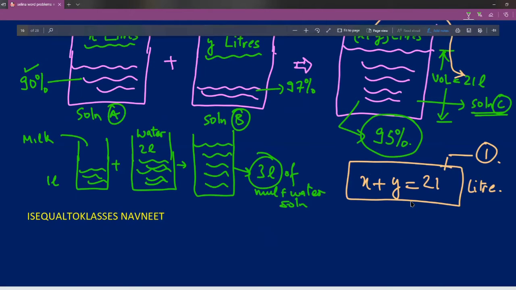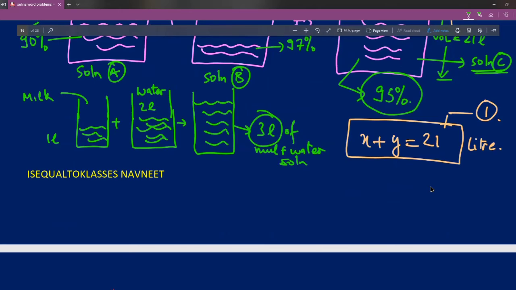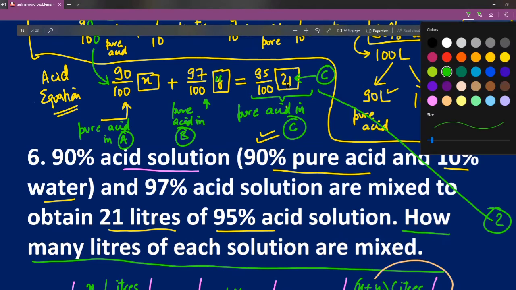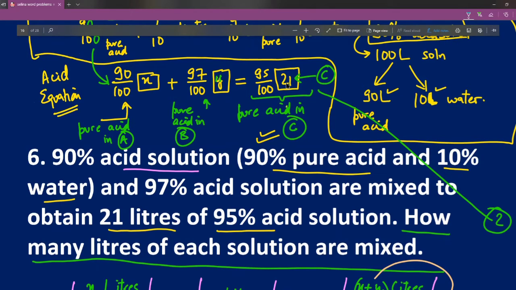Now I have two equations. One equation is x plus y is equal to 21, and the second equation that I have is 90 upon 100 x plus 97 upon 100 y is equal to 95 upon 100 into 21. The simplest thing that you can do before solving is cancel 100 from the left hand side as well as the right hand side.